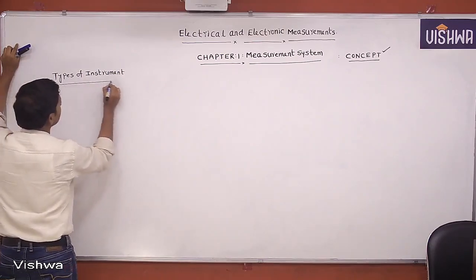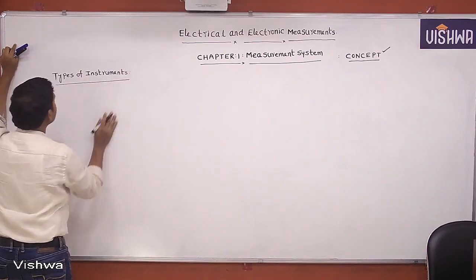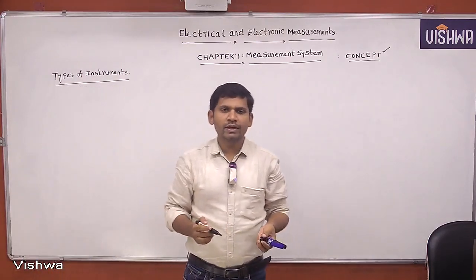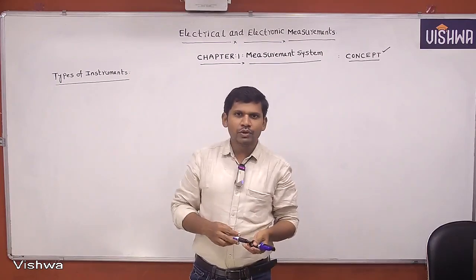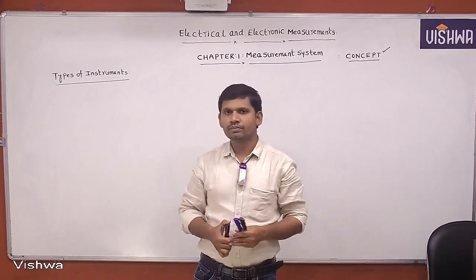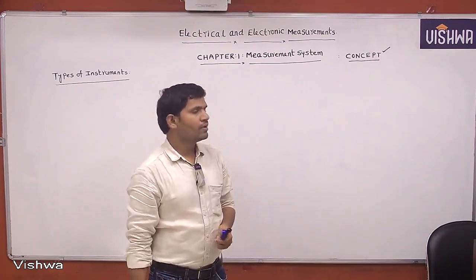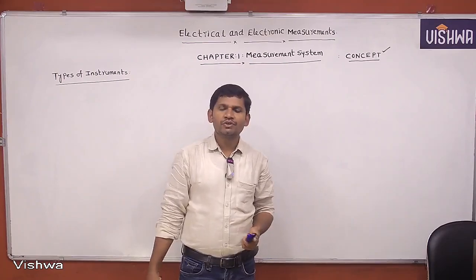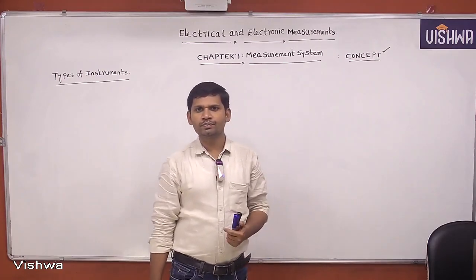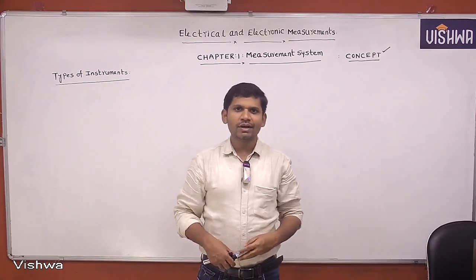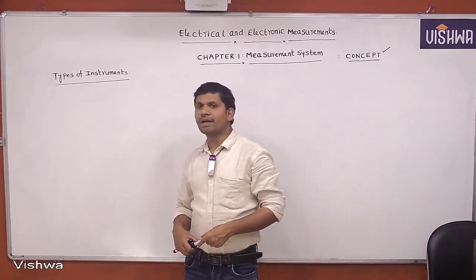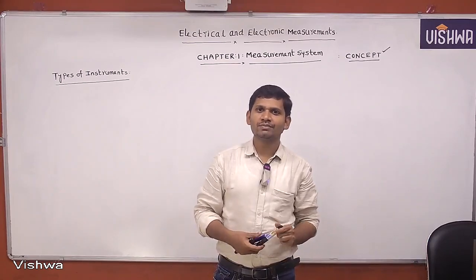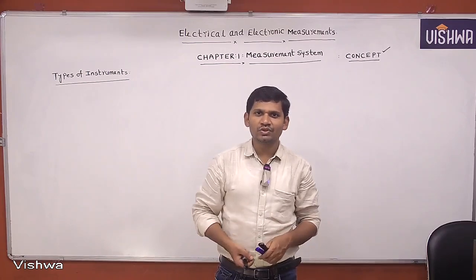In the first classification, absolute instruments are primary instruments, and the other is secondary instruments. In the second classification, the secondary instruments are again classified into indicating type, recording type, and integrating type instruments. The third classification of instruments is analog instruments and digital instruments.